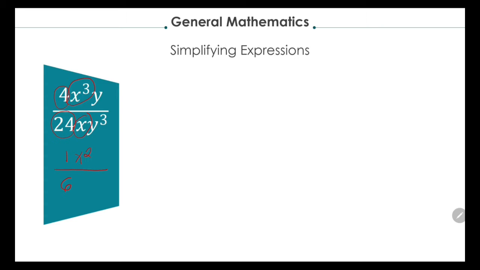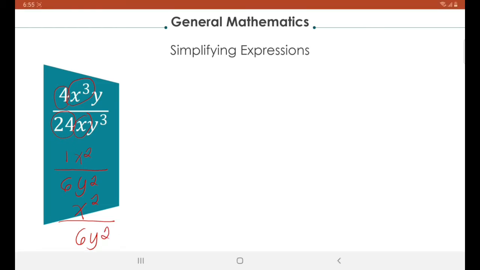Okay. The next variable, we have y. So, y all over y cubed. So, again, apply the law on exponent. We will have 1 all over y squared. So, the final answer is x squared all over 6y squared.